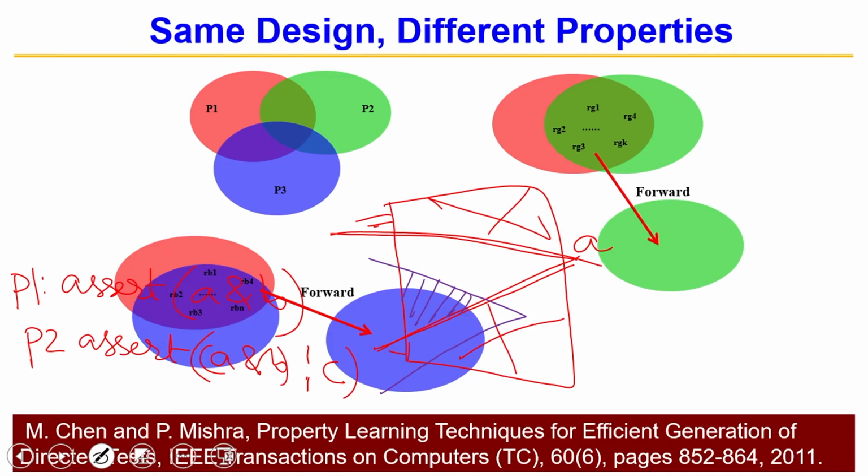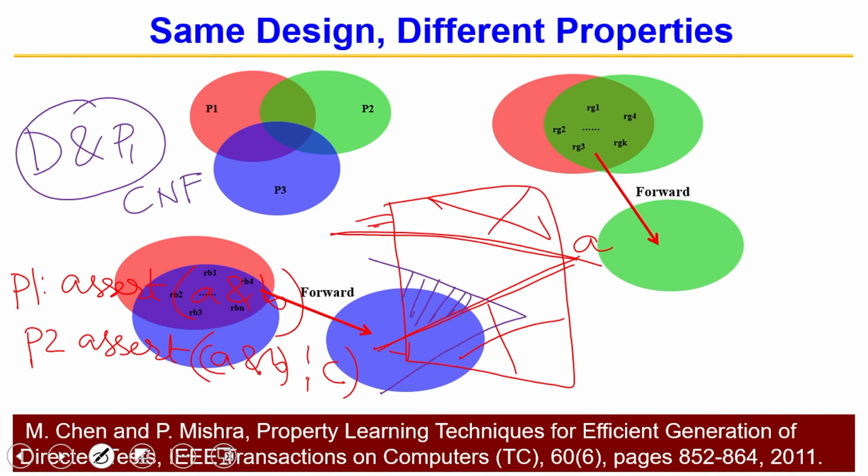How do you transfer this property from one form to another? Right. The way it works is that the design and the property or assertion produce conjunctive normal form, those clauses. So design and P2 will produce corresponding conjunctive normal forms.